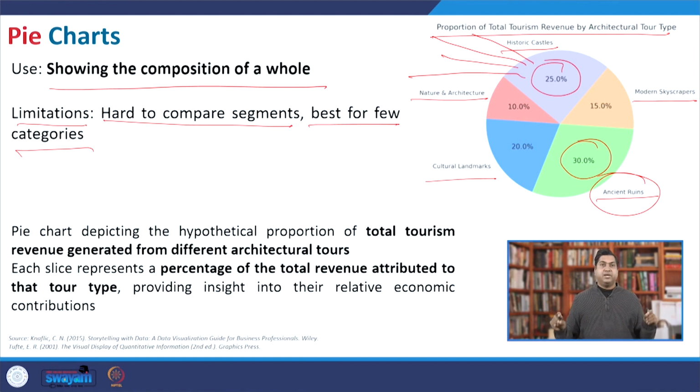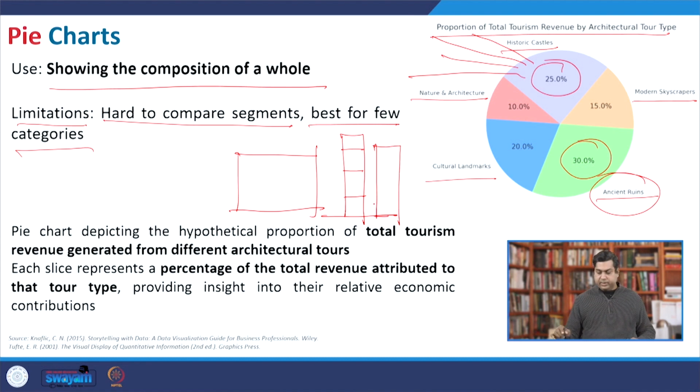Even if nowadays people use it, many times it becomes very tough to represent. In such cases it is better to represent it in the form of a table, or maybe you can go for a stacked bar where you can showcase the composition within it. So, the main bar shows the broad category and then the subcategories can be presented within that individual bar.